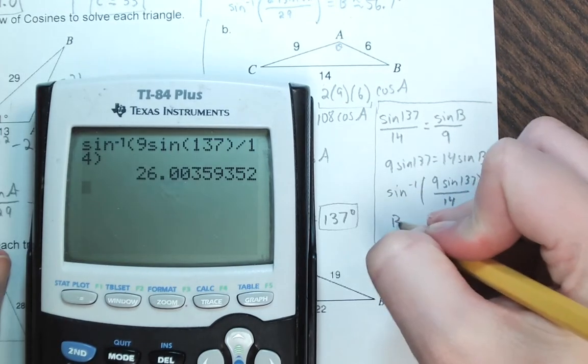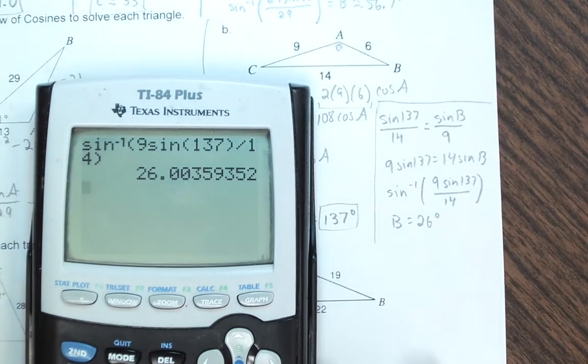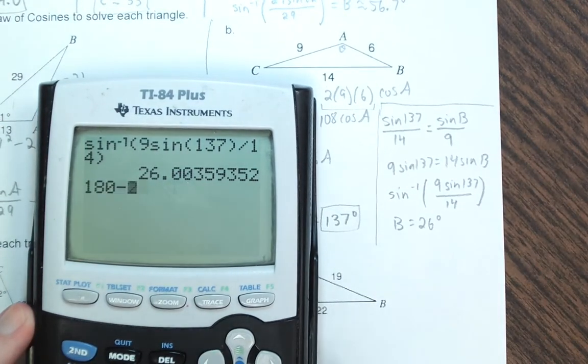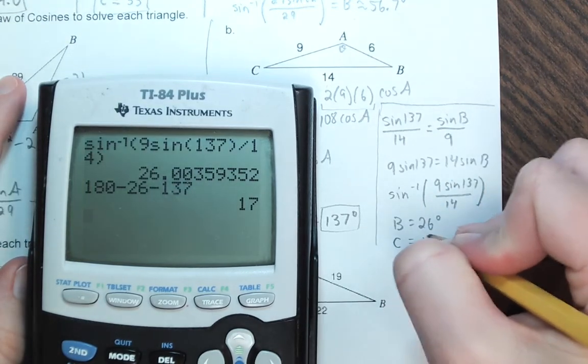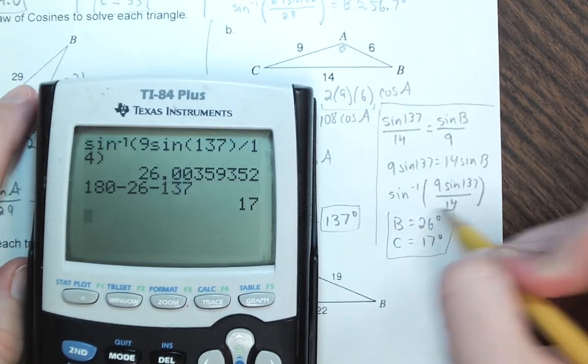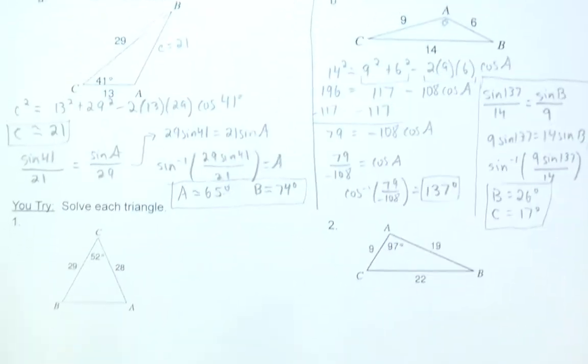Gives me a B value of 26 degrees. And then if I do 180 minus 26 minus the 137, that means angle C is 17 degrees. So there we solved our triangle.